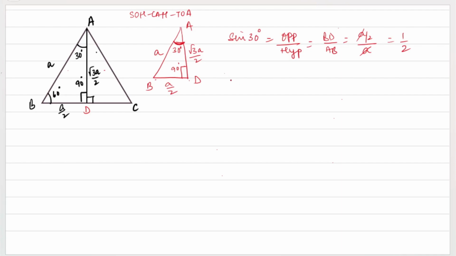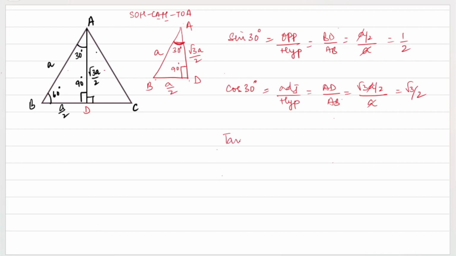Cos 30 is equal to adjacent over hypotenuse. Now the adjacent side to 30-degree is this AD side. So this is AD over hypotenuse, which is of course AB. Now AD is root 3A by 2 over hypotenuse AB is A. I can cancel A and my answer comes out to be root 3 by 2.